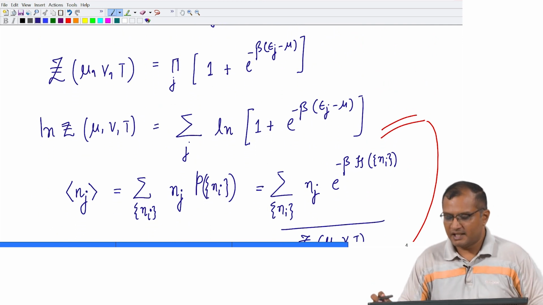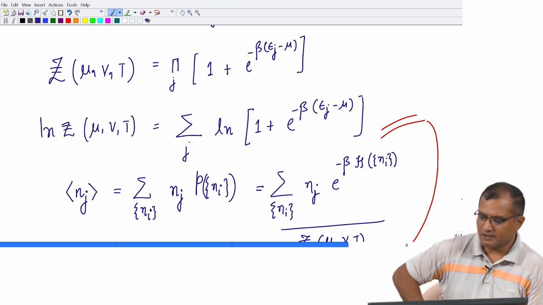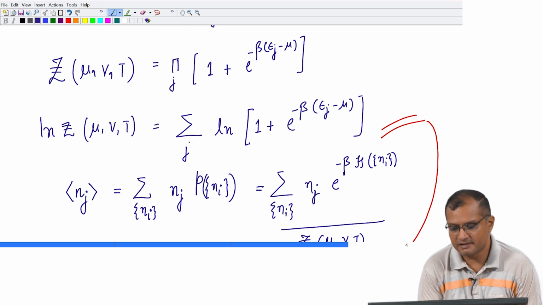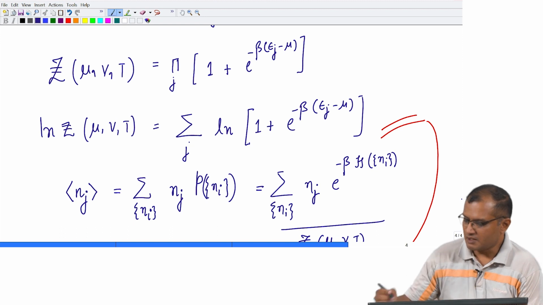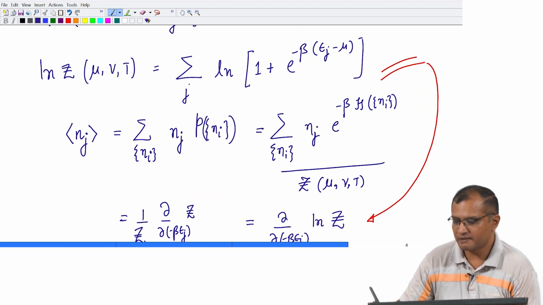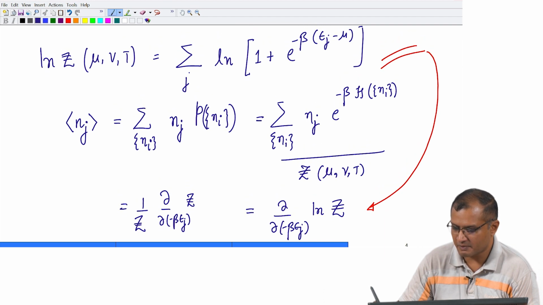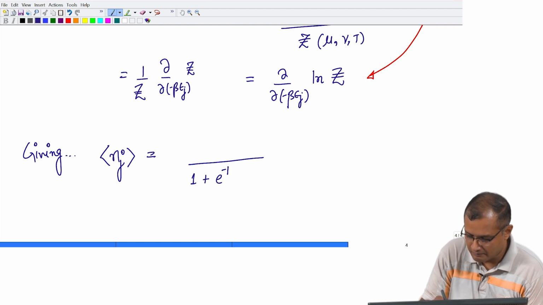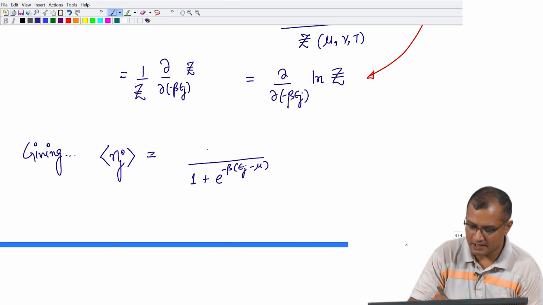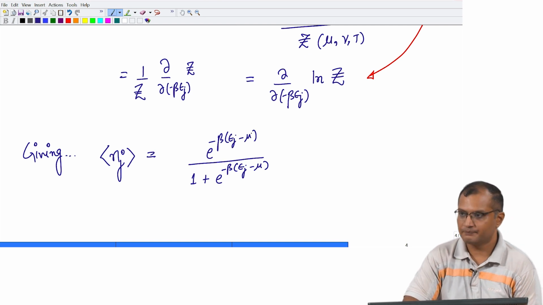In this summation only the jth term will contribute. j is running from 0 to infinity, the infinite energy levels in our system. Out of those infinite levels, only one level j will contribute to this derivative, and that will give me 1 plus e raised to minus beta (E j minus mu) in the denominator, and e raised to minus beta (E j minus mu) in the numerator.